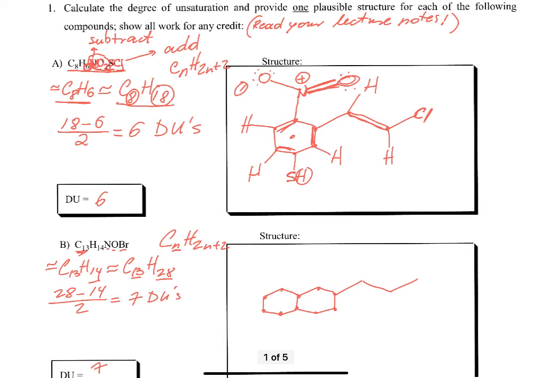I need 7 DUs. I have already 2 inscribed into the ring, so that's 2, 3, 4, 5, 6, 7. That's naphthalene, 2 fused benzene rings. So again, 2 for the rings, 3, 4, 5, 6, 7. We have all of the degrees of unsaturation present.